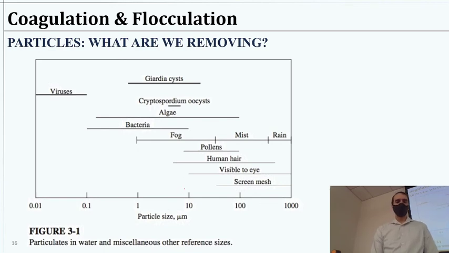Clay particles start getting into the realm of probably not removing directly. Certainly sand and anything larger could be sedimented pretty easily if it gets past a grit chamber. Perhaps some algae, but really not much in the way of pathogens. Maybe some large cysts, probably not for the most part unless we add the coagulation.